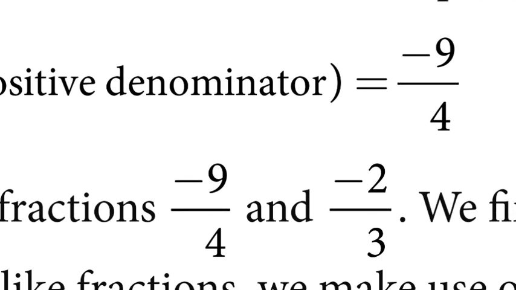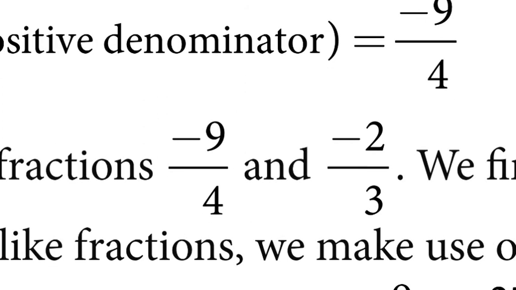Next, see the two numbers, minus 9 by 4 and minus 2 by 3. The two numbers have the same sign but different denominators, so we make the denominators the same using LCM. The LCM of 4 and 3 is 12, because 4 and 3 do not have a common divisor, so we multiply 4 and 3.